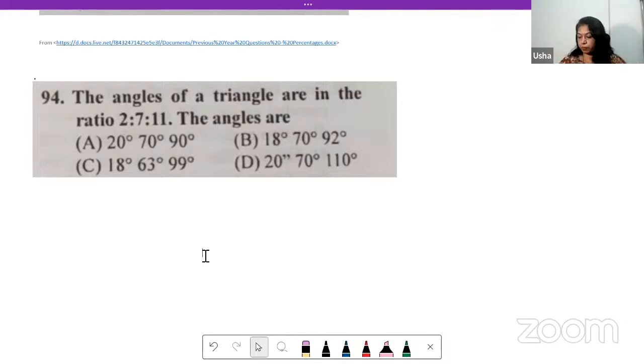I'm sure all of you know. What is the sum of interior angles of a triangle?